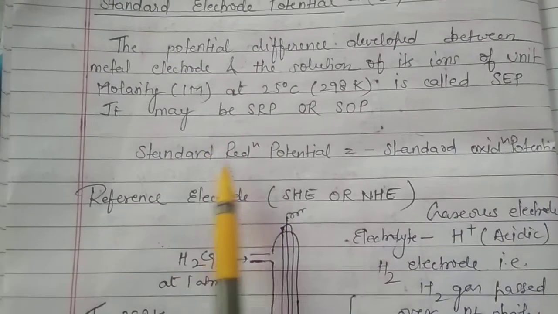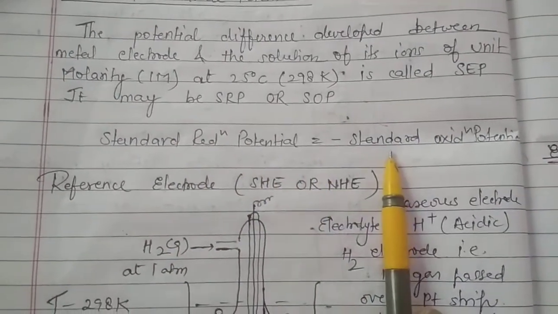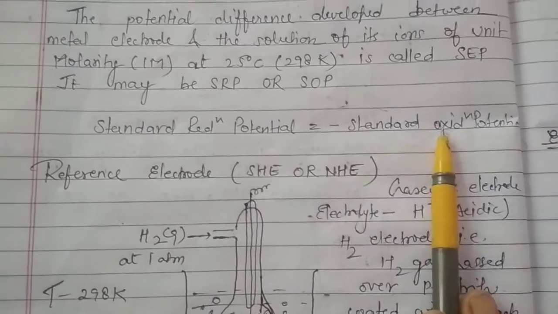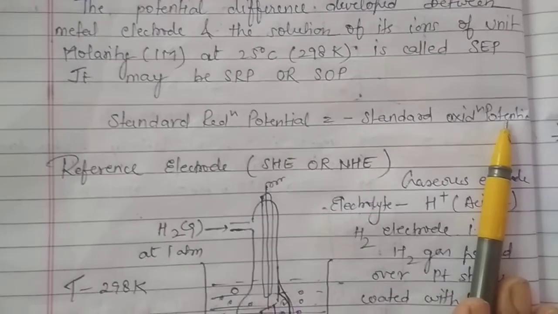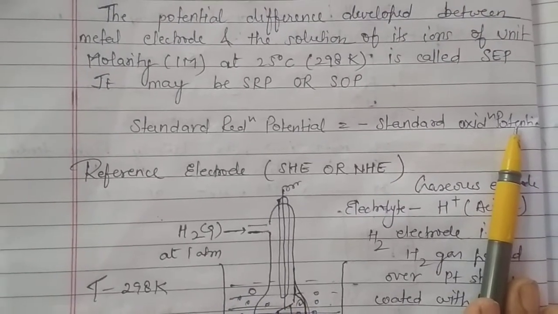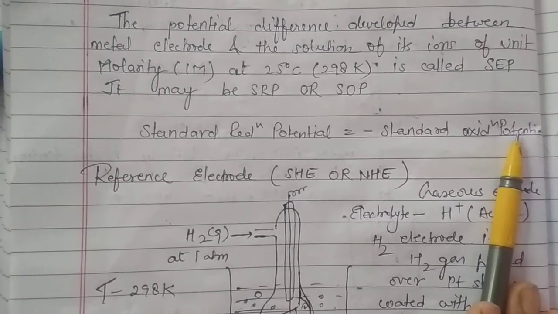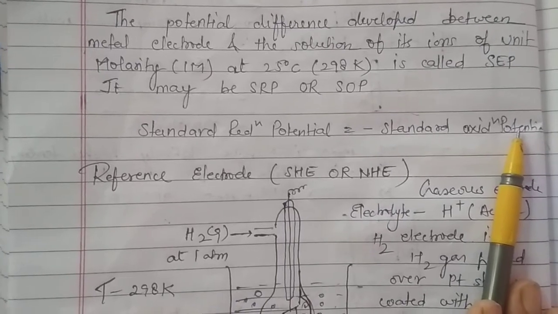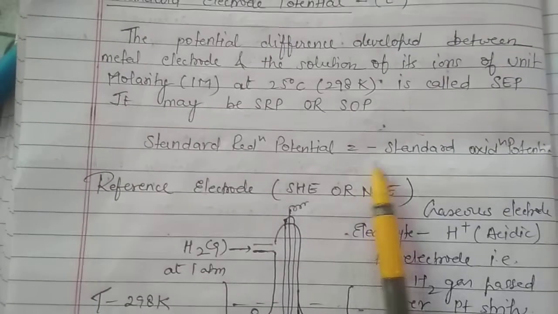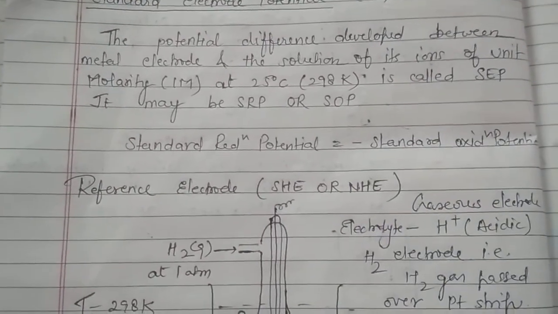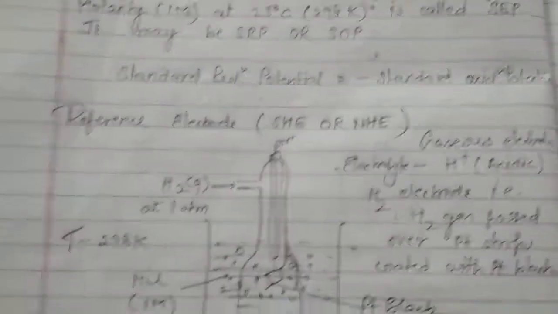So we may say standard reduction potential is equal to minus standard oxidation potential. For zinc, it would have the same value for oxidation as well as reduction potential, but the sign would be different in both cases, which we will determine later on.